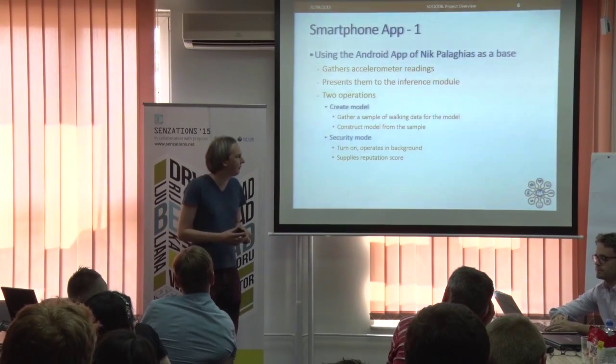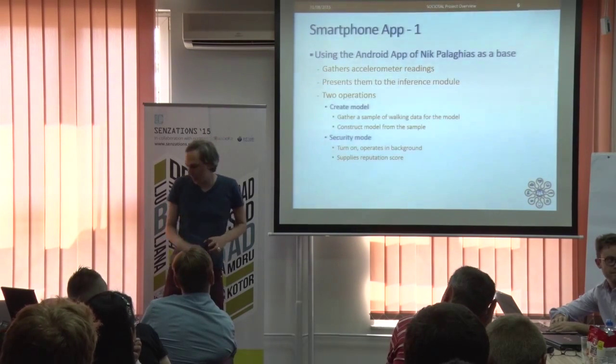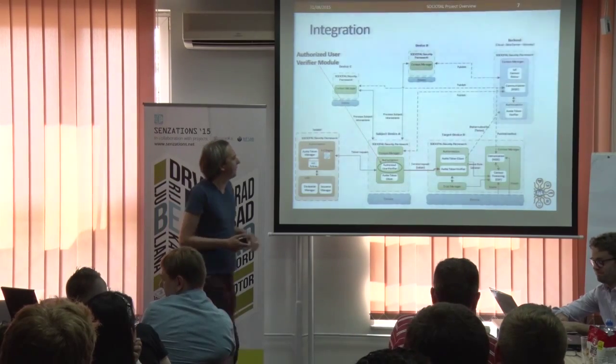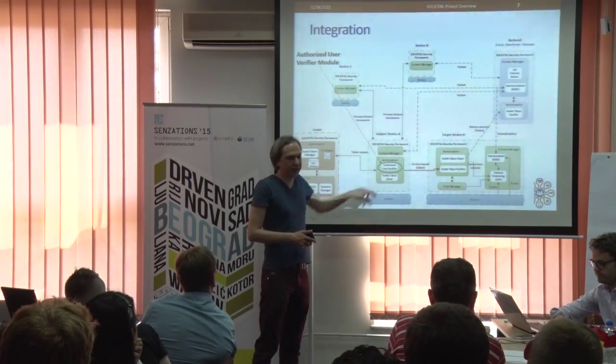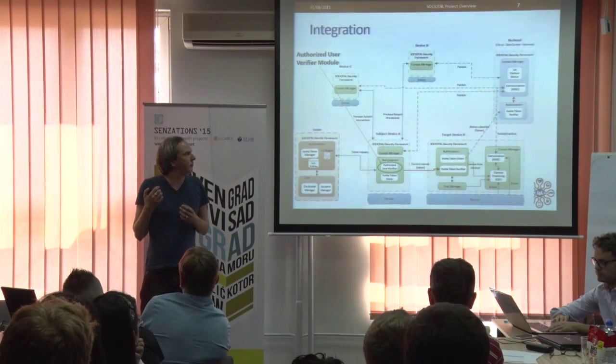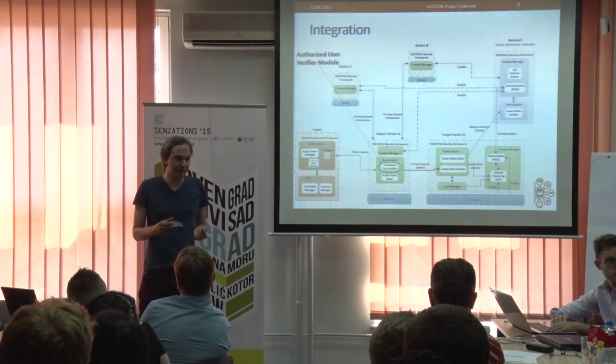It's the most common one, I think. Okay, so it checks when you're walking, and then it uses that data. Okay, and this fits into the security framework to try and determine whether the current user is the rightful user or an imposter.